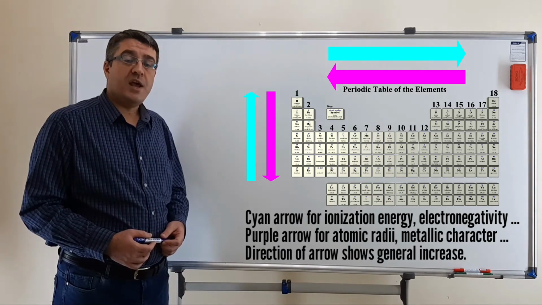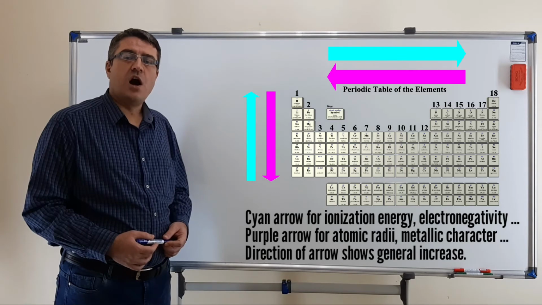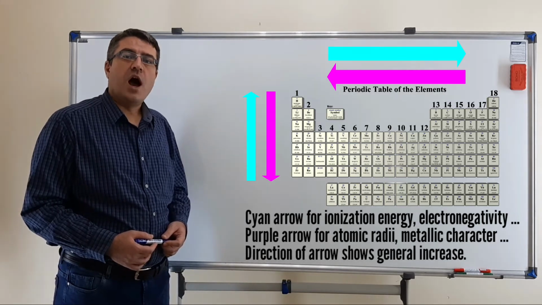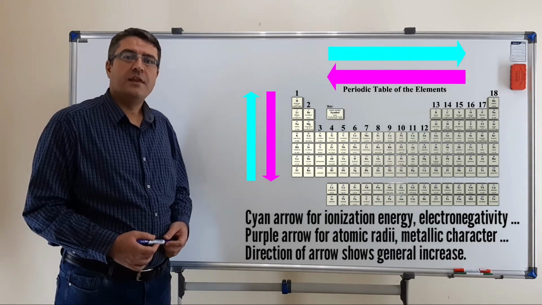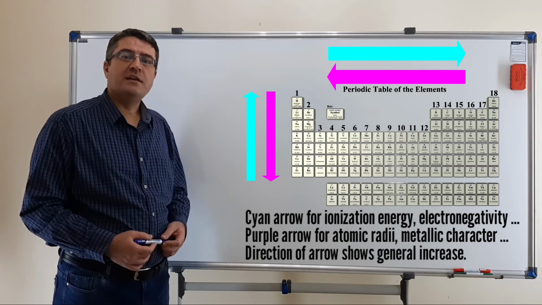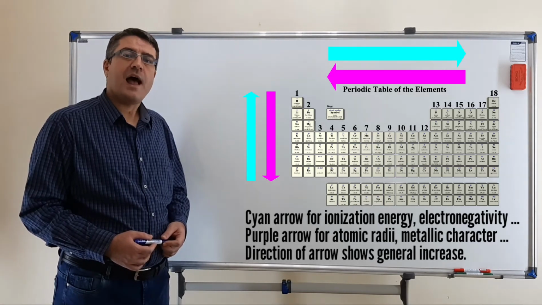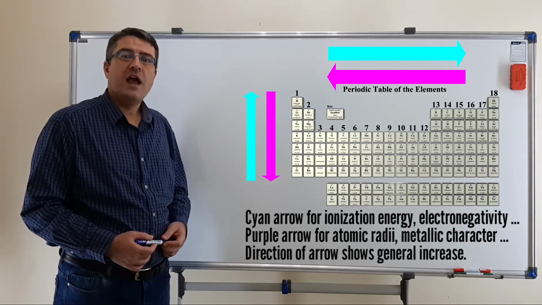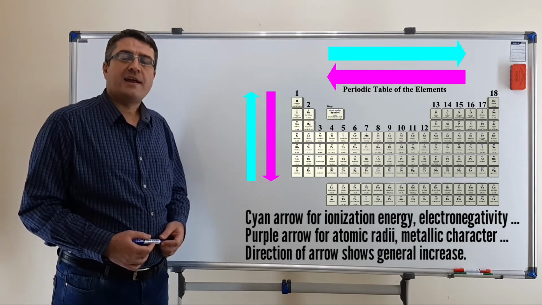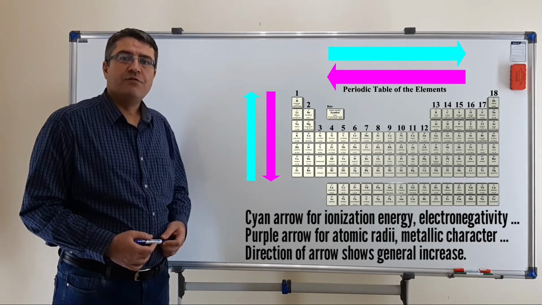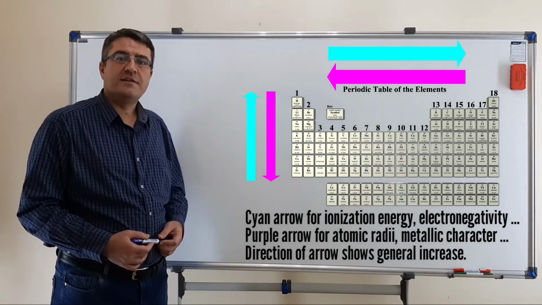For example, generally every period starts with an alkali metal at group 1 as the most reactive metal of the period, and then as we go across period from left to right, the metallic character decreases while non-metallic behavior increases.